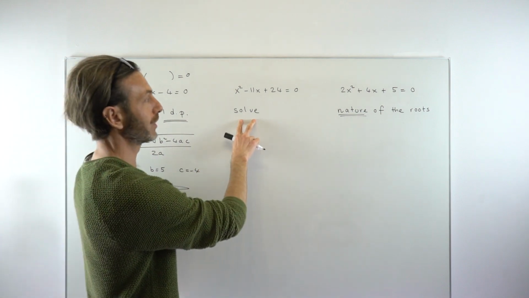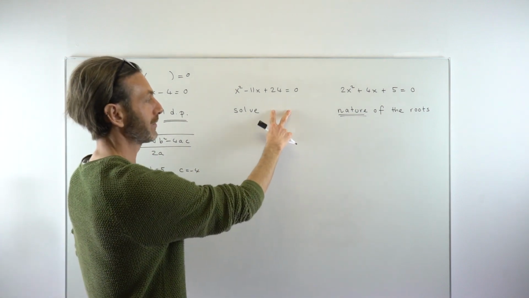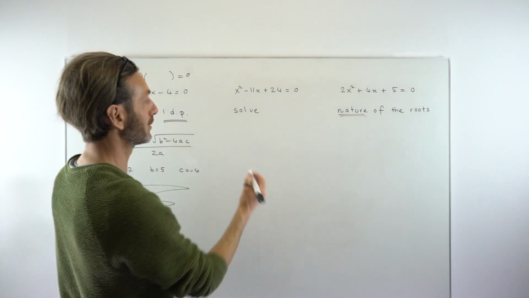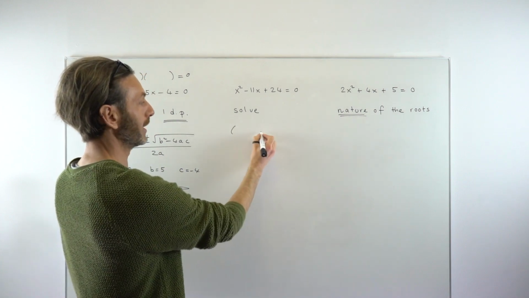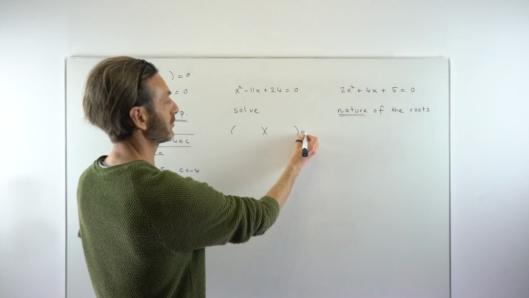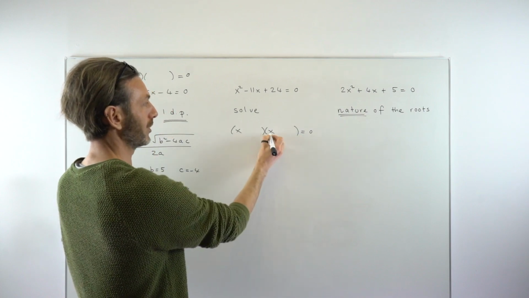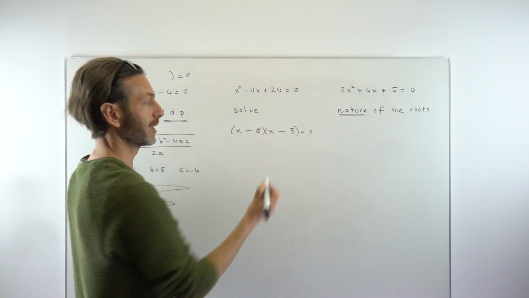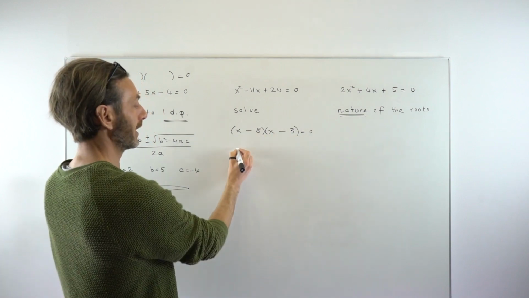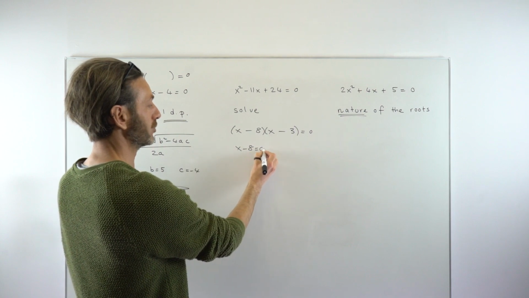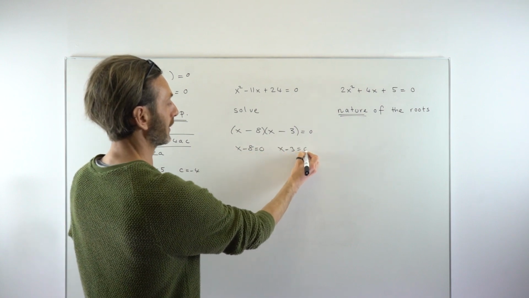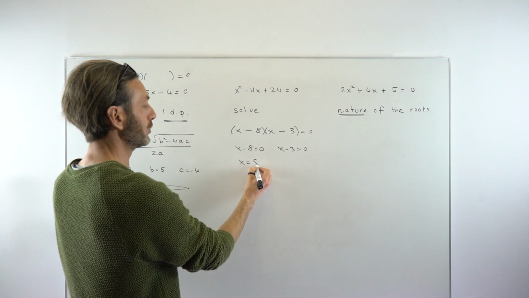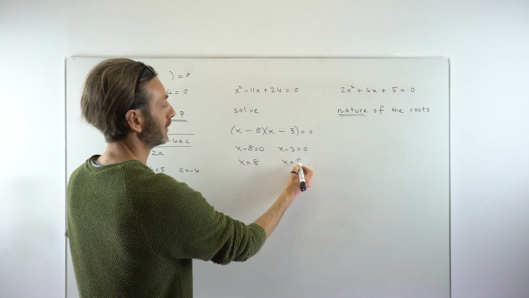In this case, however, although I'm being asked to solve, there's no reference to decimal places or significant figures, that tells me I should be able to solve it by factorizing. It's a trinomial, so we could factorize into 2 brackets. This one does factorize with a -8 and a -3, and then you could separate that into 2 little equations and get the 2 solutions.